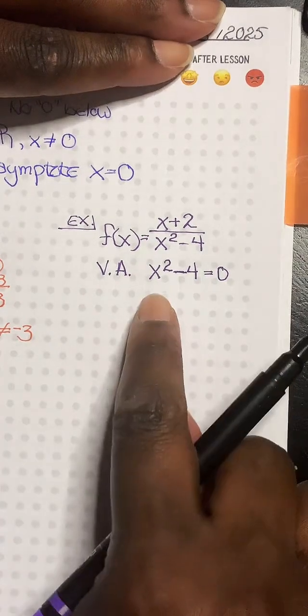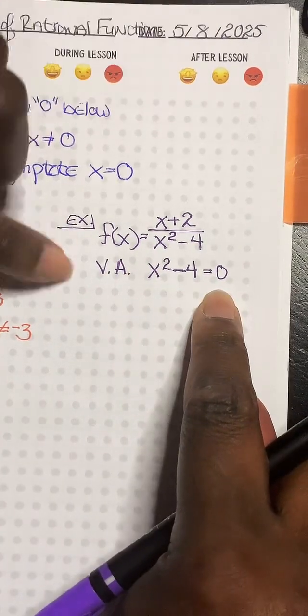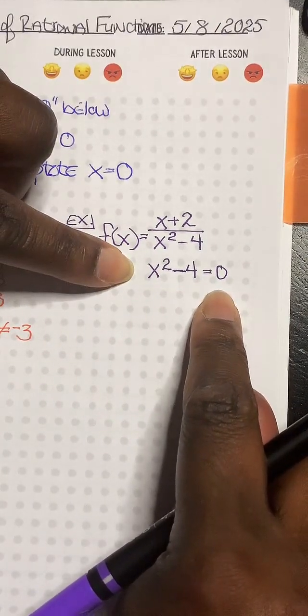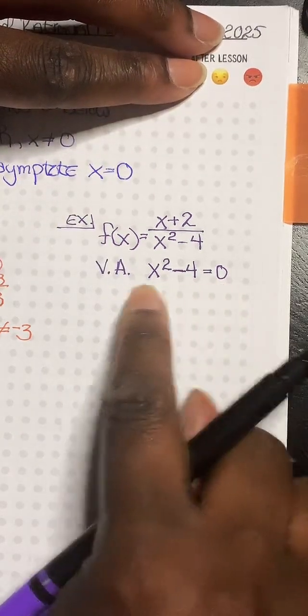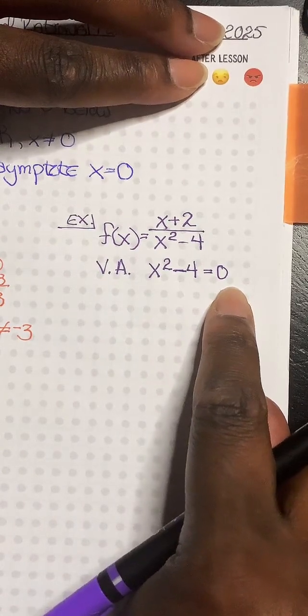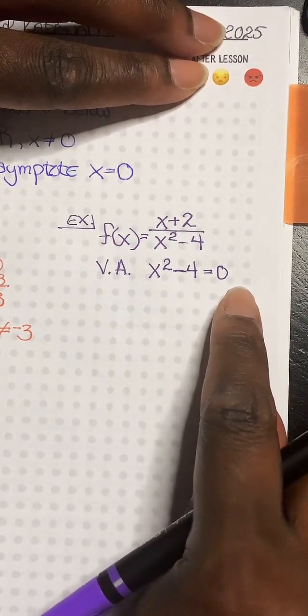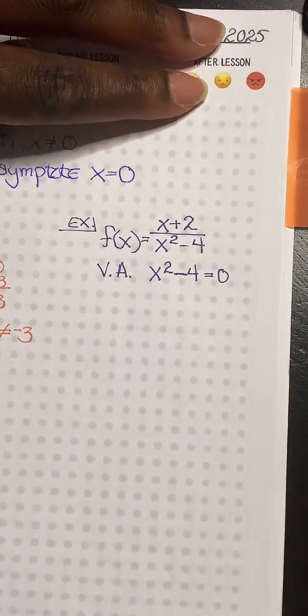Okay? So I'm going to solve this equation, and I want to know what value of x is going to make this equation equal 0. Okay? So a couple of you guys put it in there already, which is great. All right?